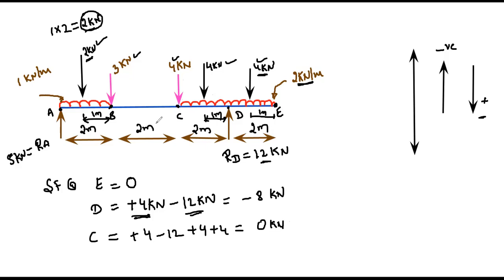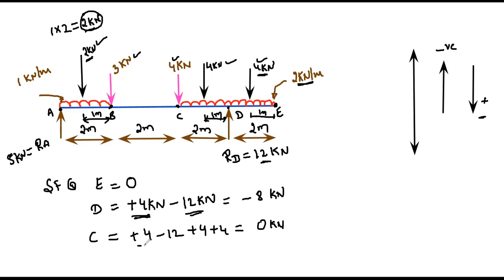What we need to understand here is one thing. While we are drawing the shear force diagram, if there is a combination of UDL and point load, make sure that first we consider the UDL, then we consider the point load. Clear?